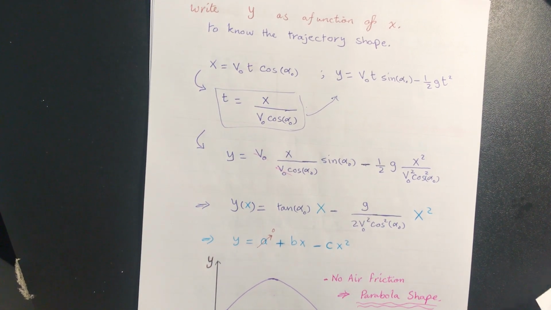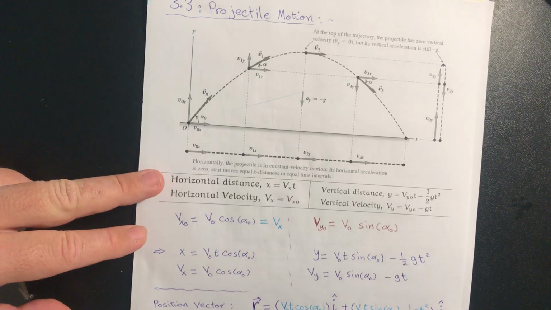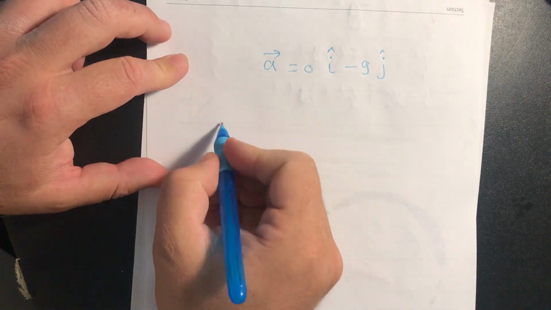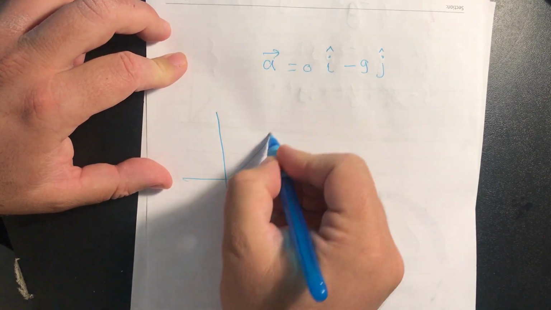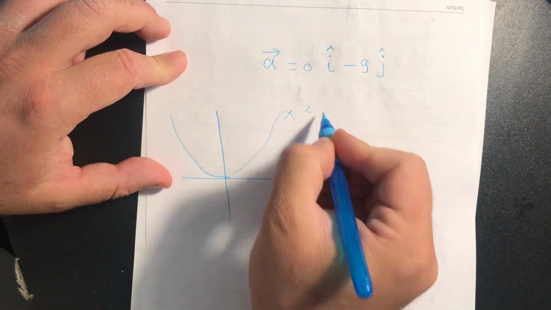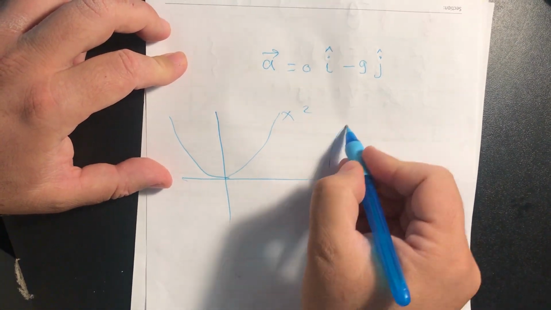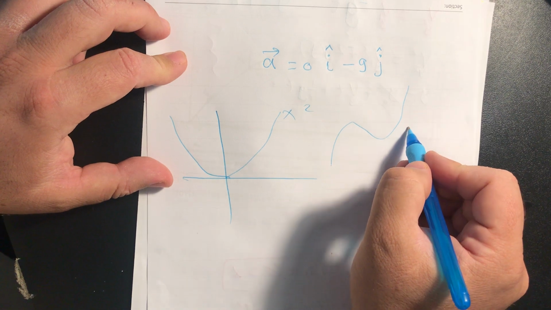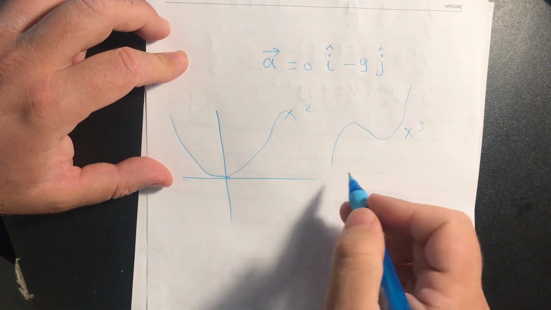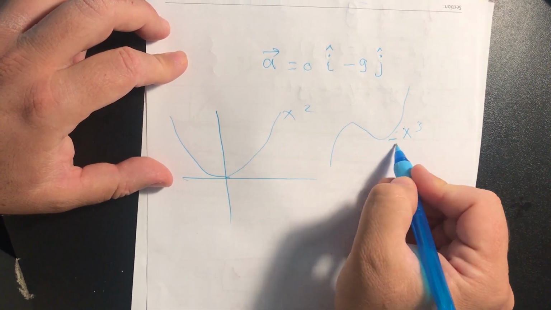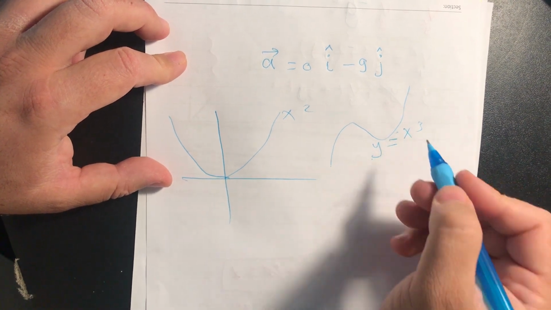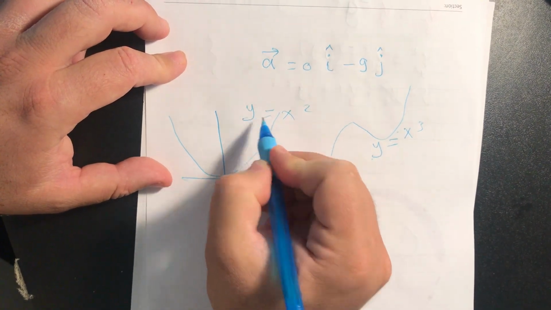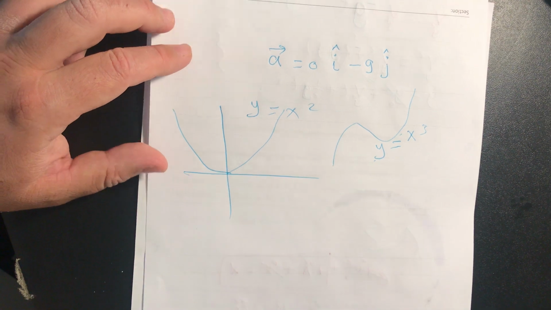Now, you know from mathematics that this is x squared, for example, and this relates to x cubed, which is the function y equals x cubed, and this is the function y equals x squared.